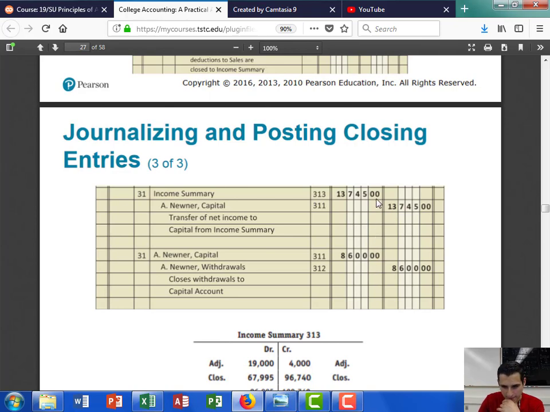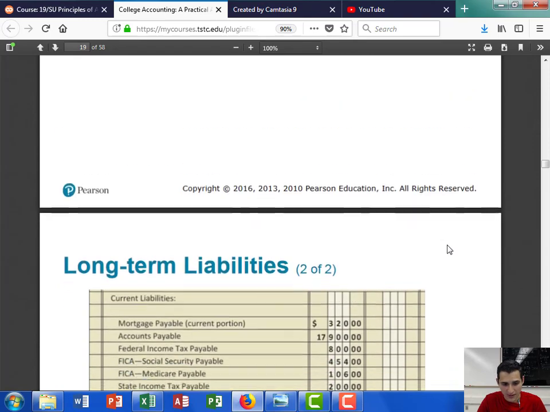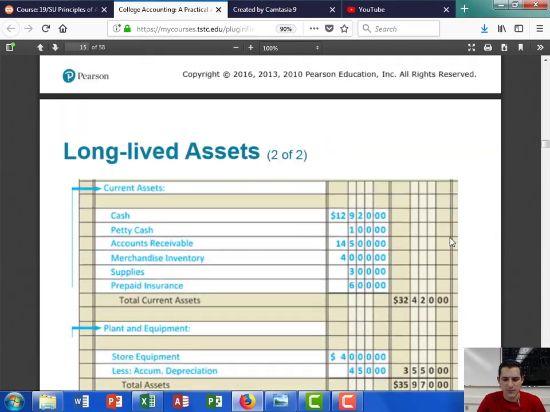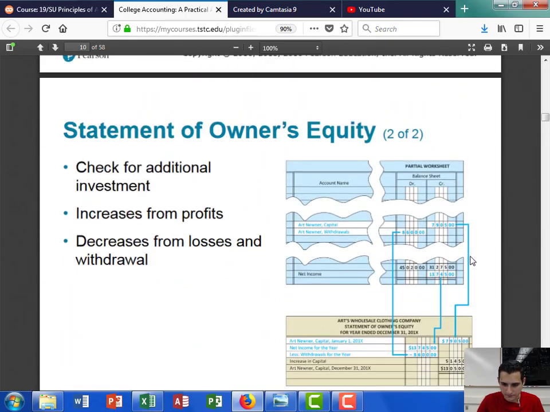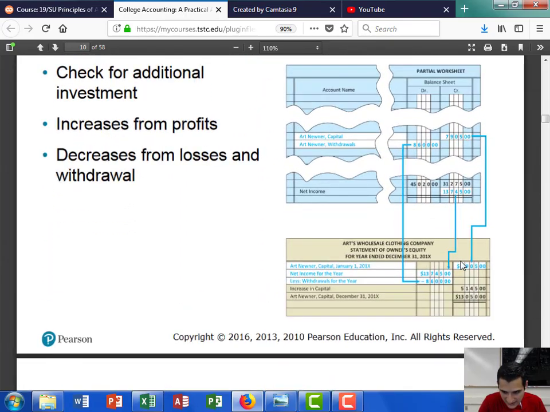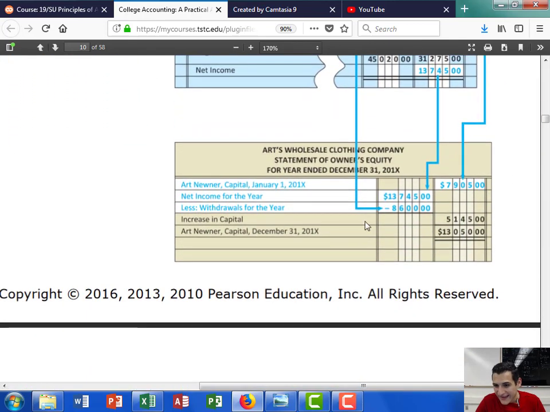Now, if you look at these numbers here, this 13,745 and this 8,600, if I go back up and look at your income statement, if I look at your statement of owner's equity, right here, it's the exact same numbers. So now basically, all you're doing is just showing your formal reports inside your journals.